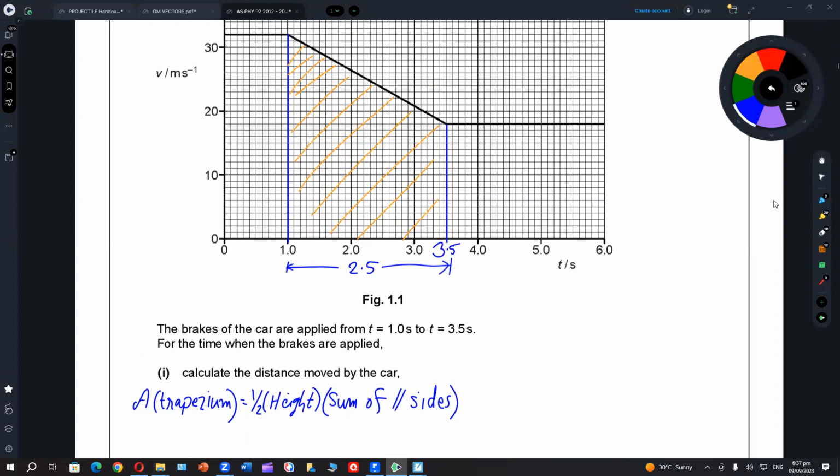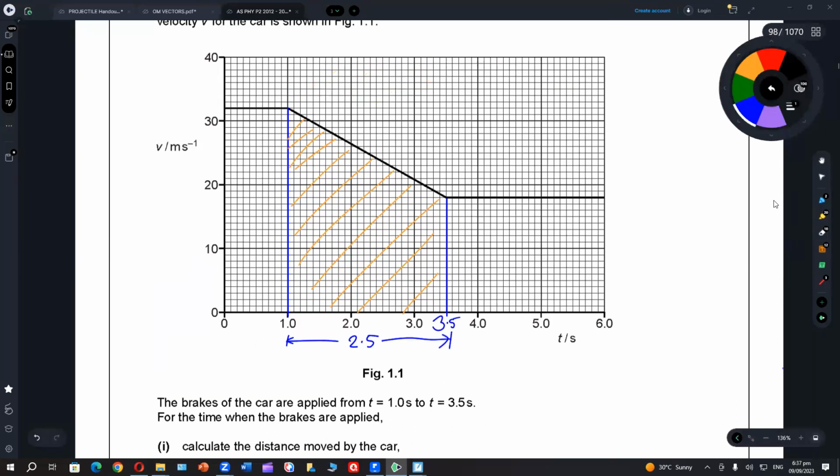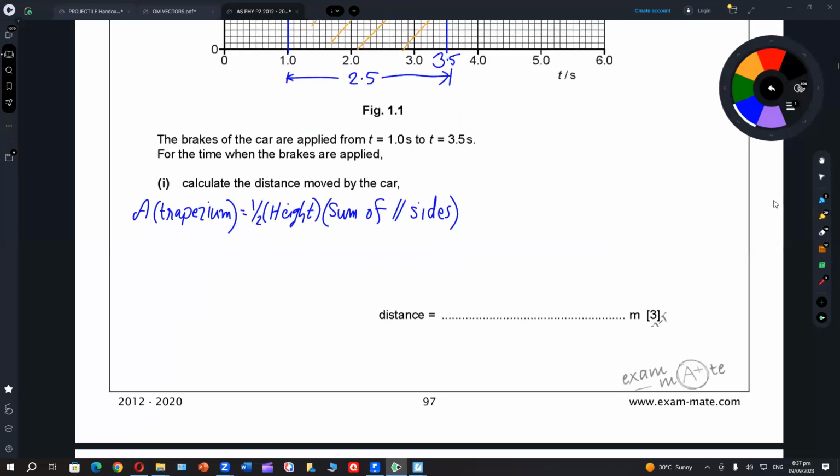One parallel side is looking to be 32, and the other is looking to me as 18. So I have a 32 and I have an 18. So half into 2.5 into 18 plus 32. 62.5. One suggestion, 62.5.